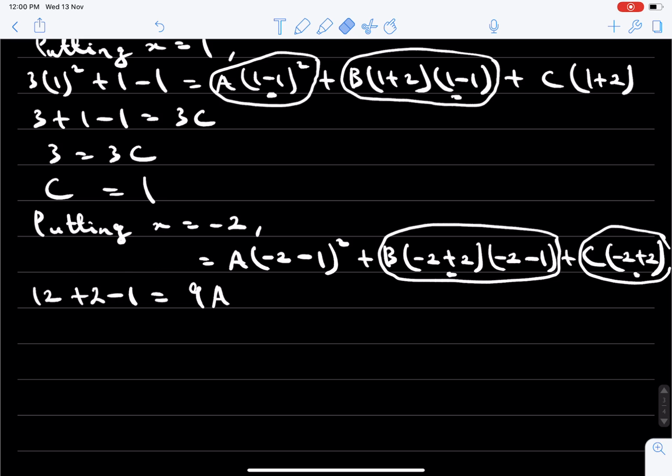Putting x equals minus 2. It should be 3 times minus 2 squared plus minus 2, because x is minus 2, minus 1.